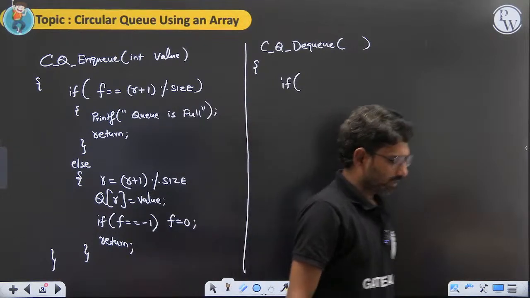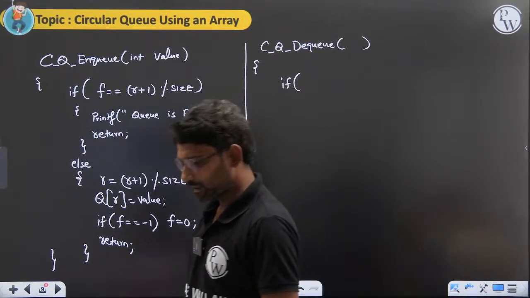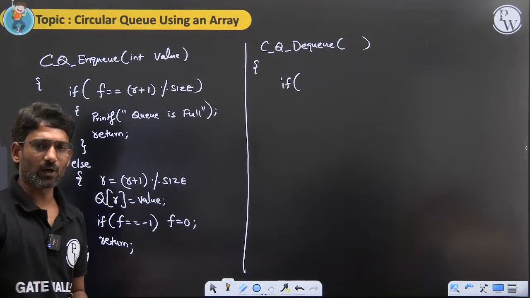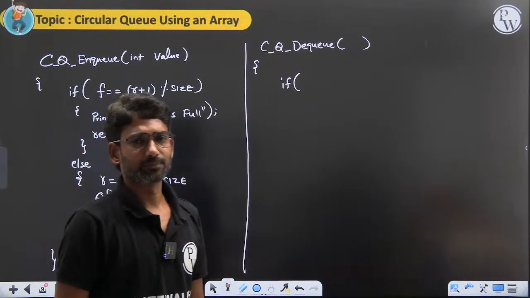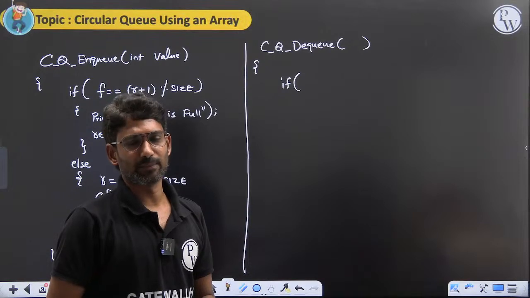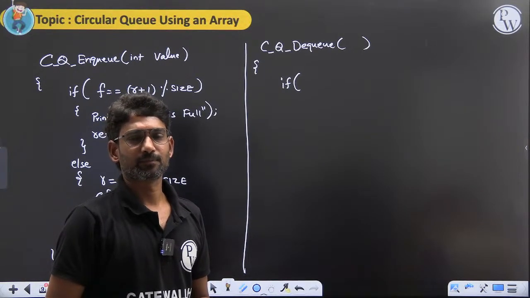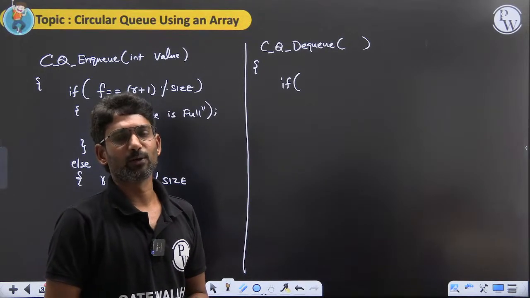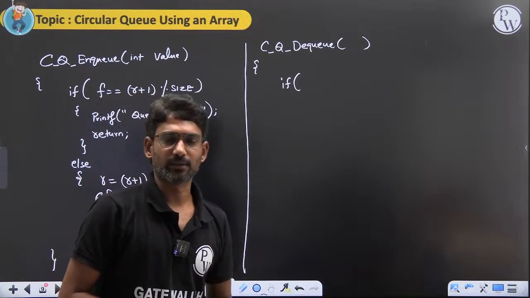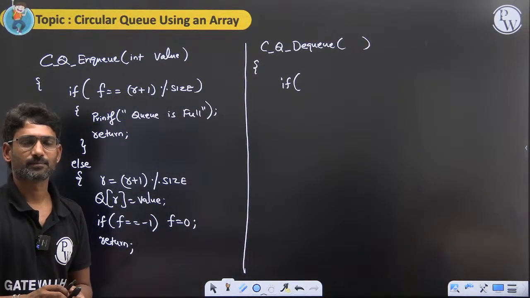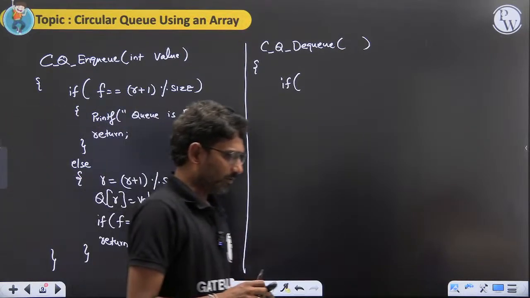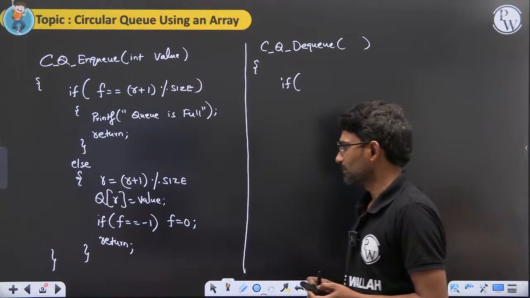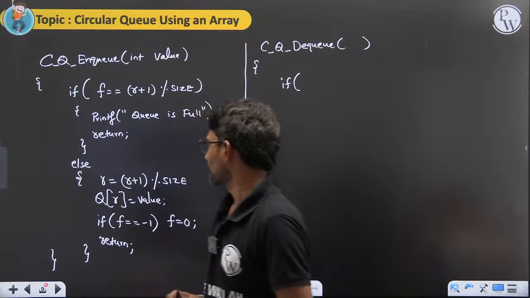I said if front is equal to rear, when front reaches rear, that is a case of underflow, but it may not work when there is only one element, that too the very first element. So what do we have to do? Think.